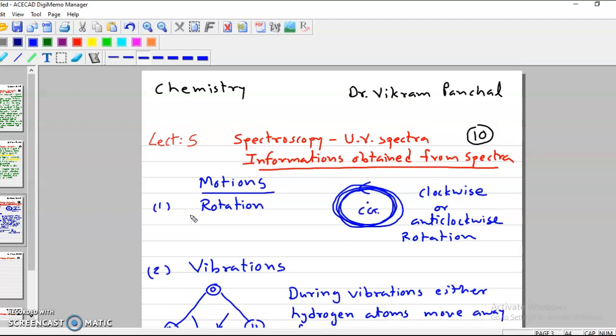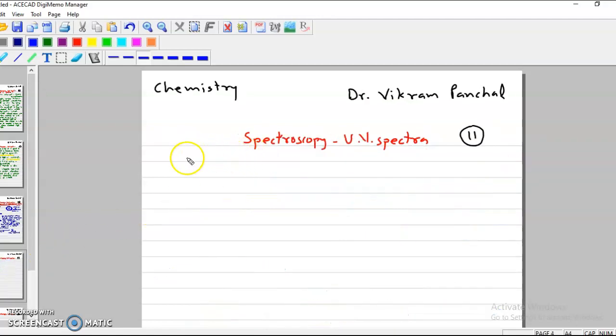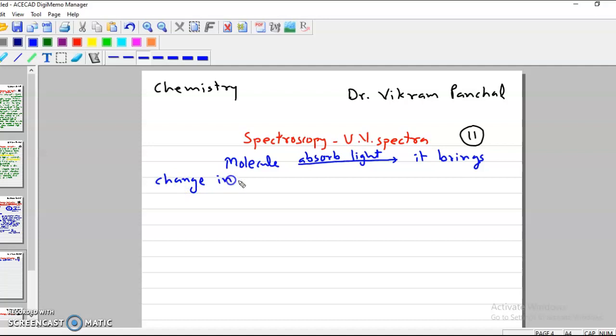Now we will see what is the effect of absorbed light on a molecule. So a molecule which absorbs light brings a change in motion, motion of bonding electrons.